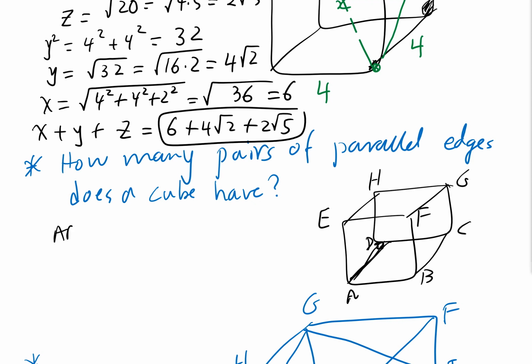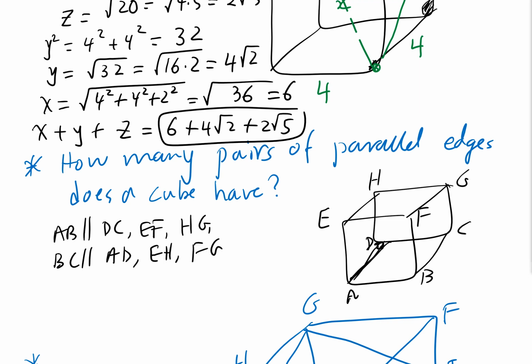So AB is parallel to what? To DC, to EF, to HG, right? We have BC parallel to AD, EH, FG. We have BF parallel to GC, AE, DH. What else do we have? Any other parallel lines?